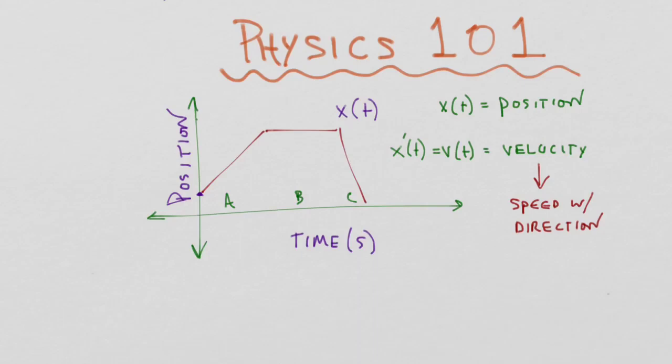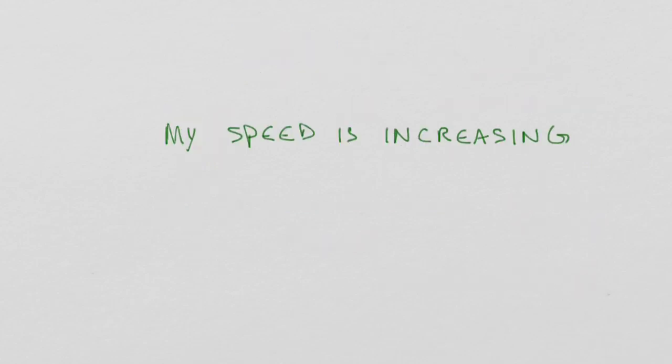In the same way, the acceleration of a particle is interested in knowing how the velocity is changing. That's what the acceleration is. When you talk about acceleration, you're talking about the way in which the velocity changes. So if I say that my speed is increasing, this is a super loaded statement.